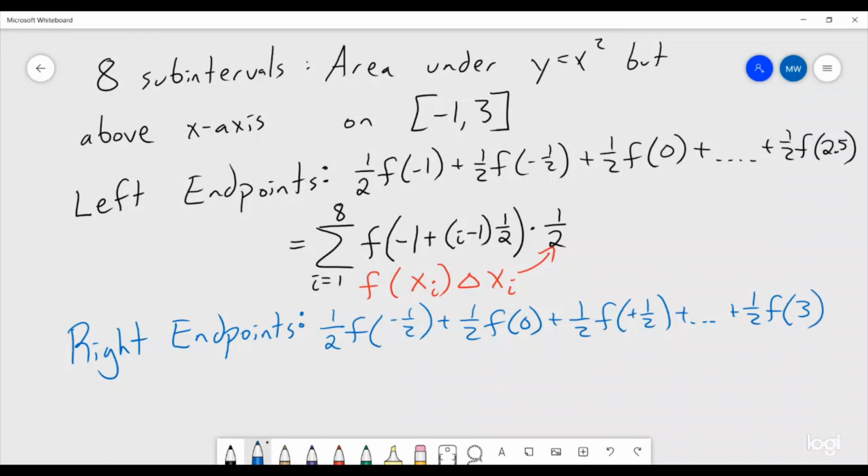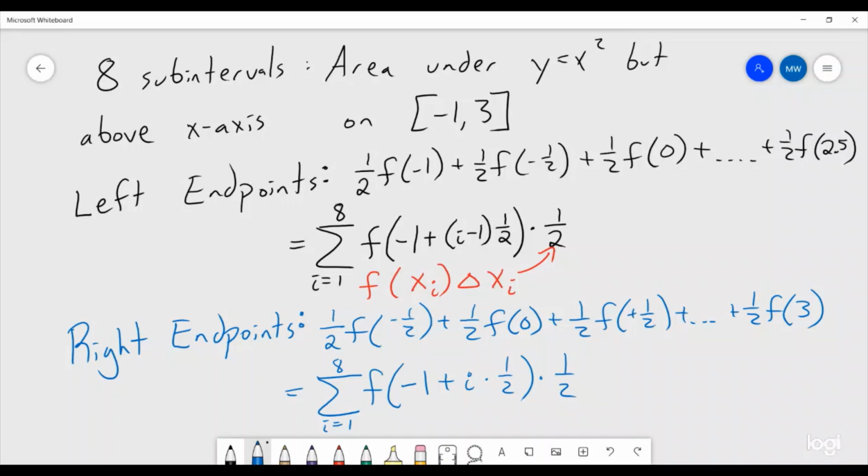And if we were to write this as a sum, this would be the sum from i equals 1 to 8 of f of -1 plus i times a 1/2, times 1/2, where this is again the sum of f of x i delta x i. And that's how you would be able to go through and do this.